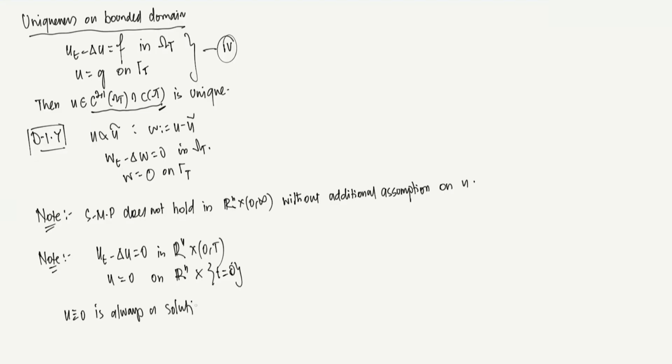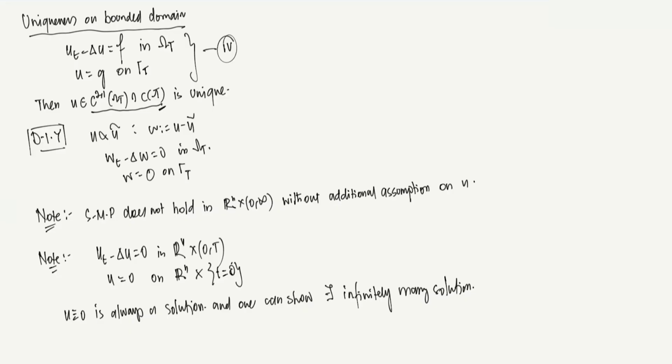Now there are other solutions. There are infinitely many solutions, and one can show there exist infinitely many solutions. We will talk about how to find solutions in the next class.